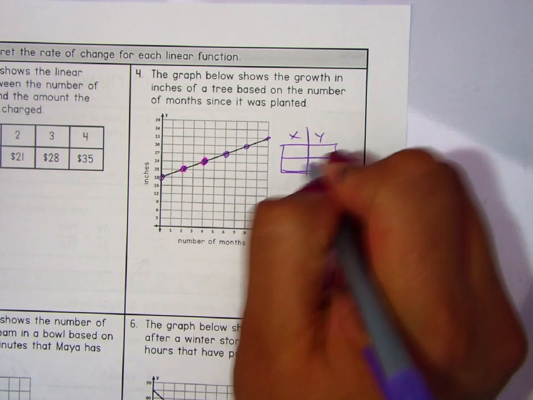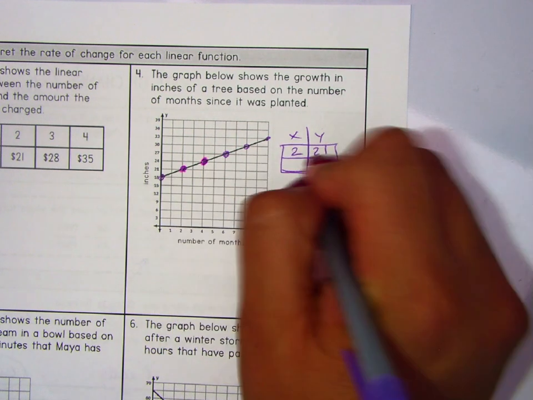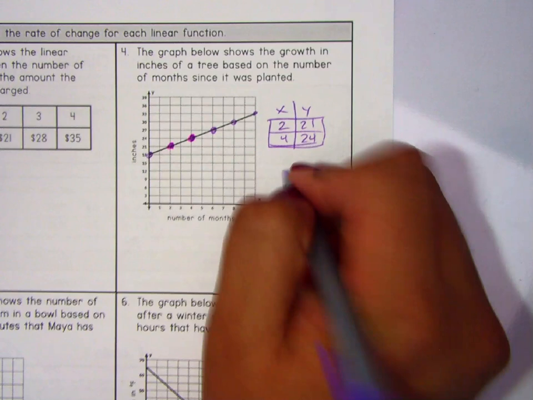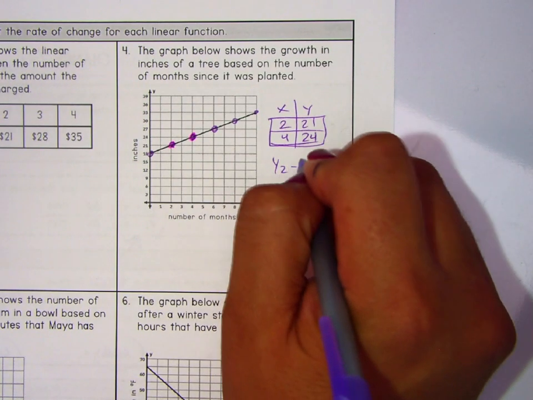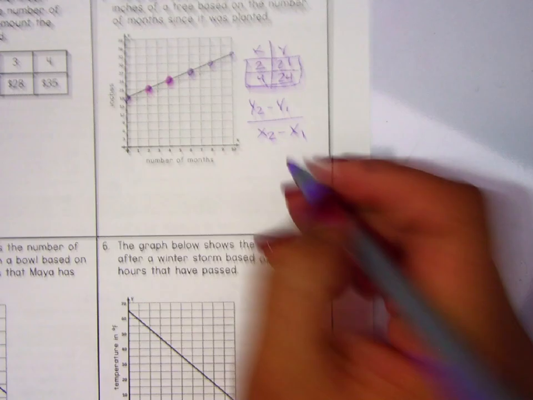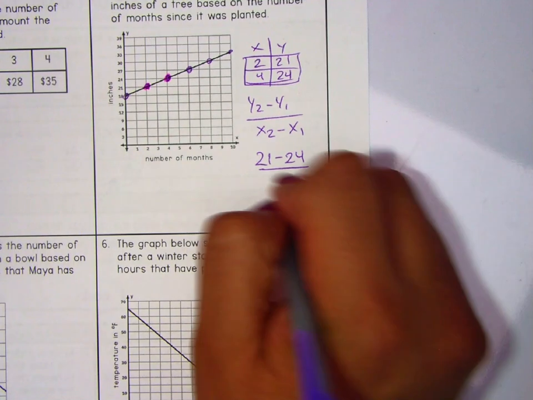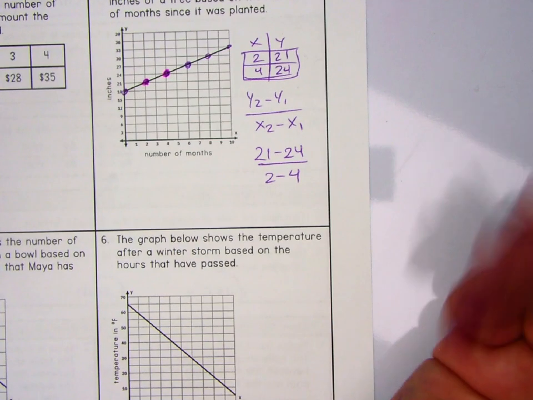We're going to do 2 and 21, and then 4 and 24. And if we do the y2 minus y1 over x2 minus x1, you're going to subtract your y values, 21 minus 24, over your x values, 2 minus 4.